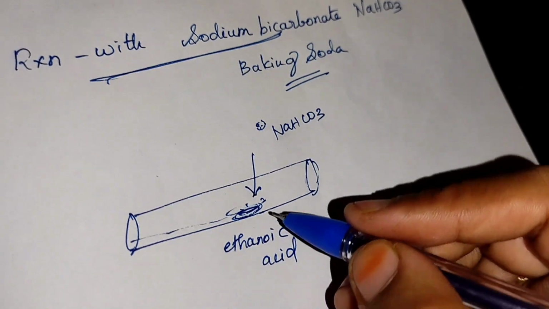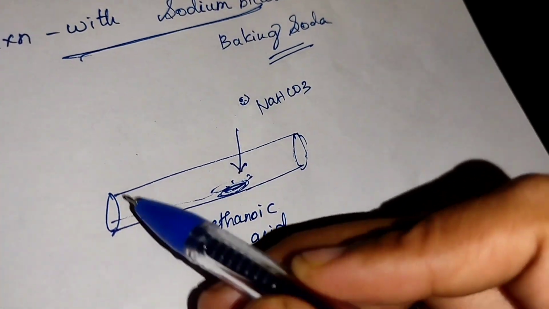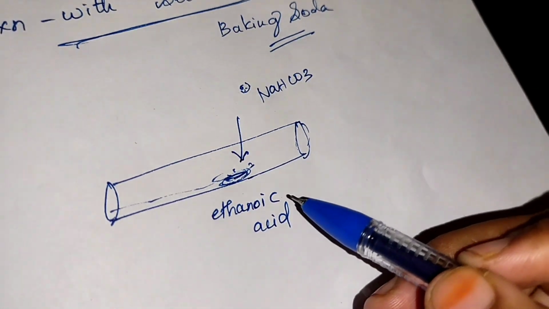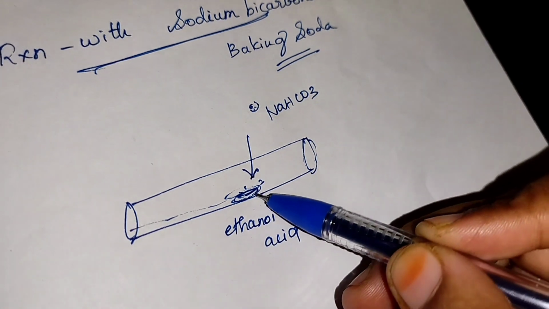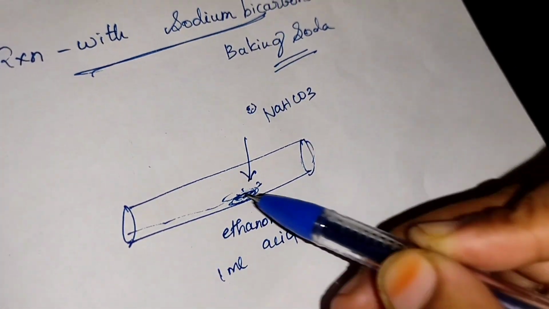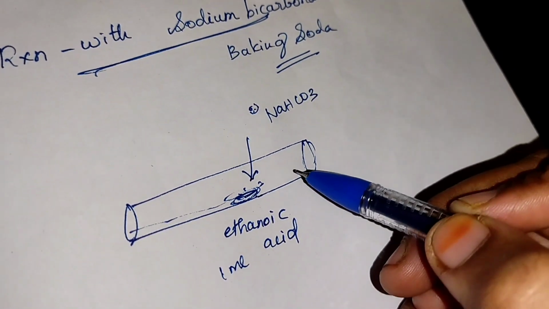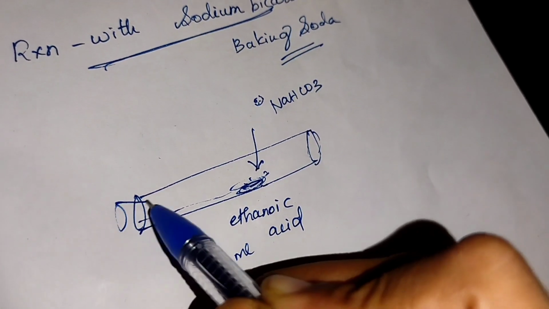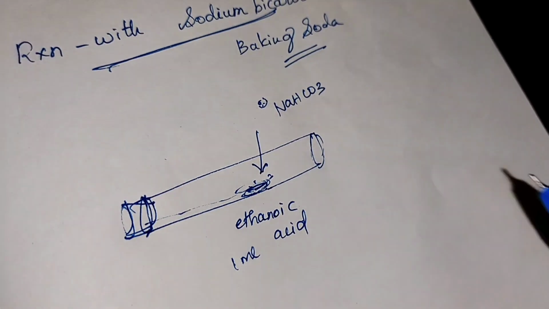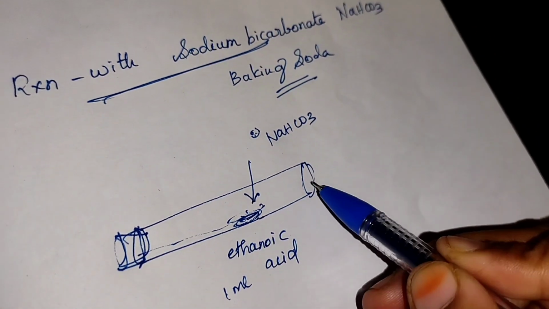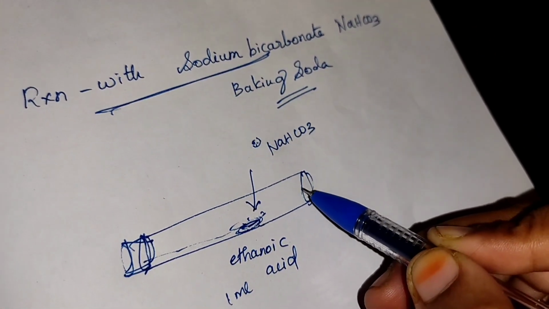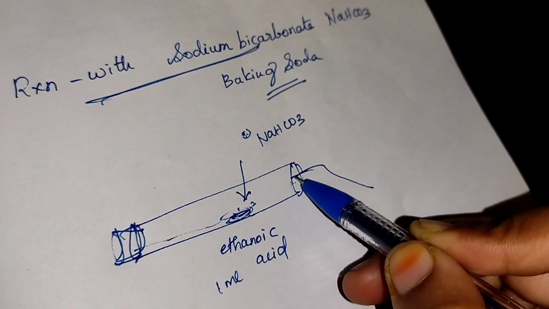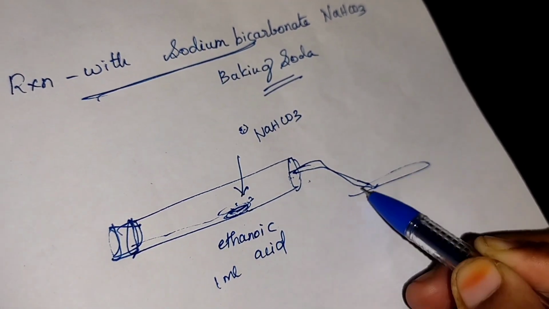Listen carefully. In this test tube, I took 1 or 2 ml of ethanoic acid inside, and a pinch of sodium bicarbonate I added, and I closed the mouth of the test tube with a cork. And the other side of this delivery tube is dipped into the lime water.